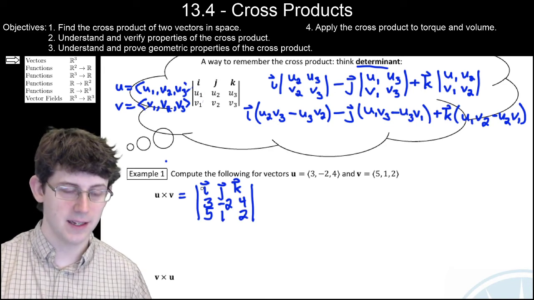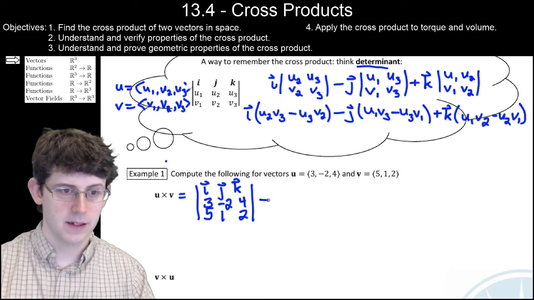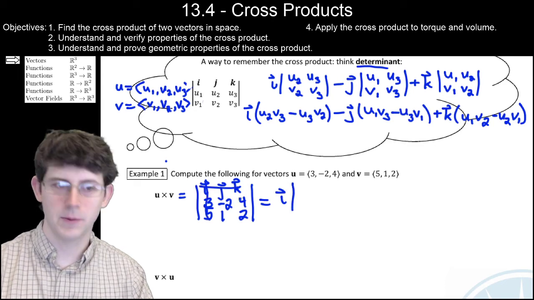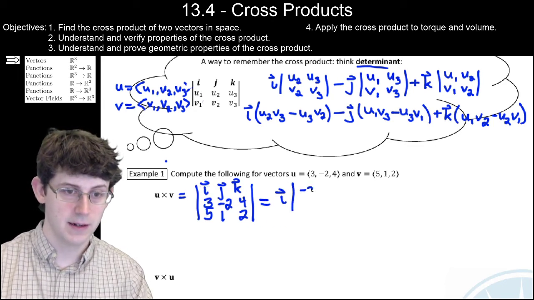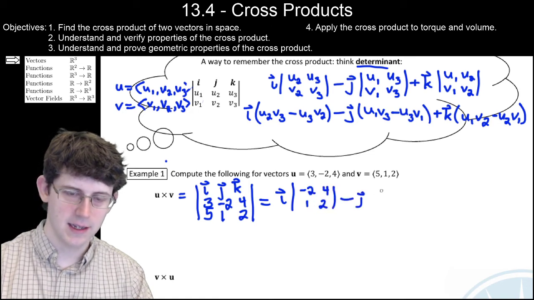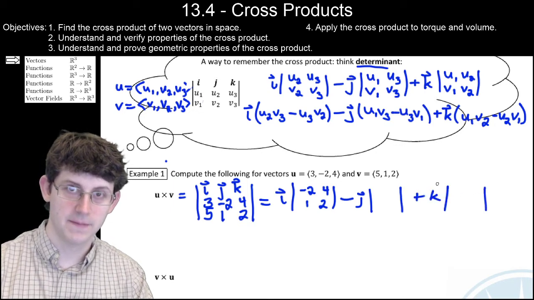Then expand along the first row. So we'll have i times the determinant of whatever's left when you cross off i's row and column, then minus j times something, and plus k times some other thing.